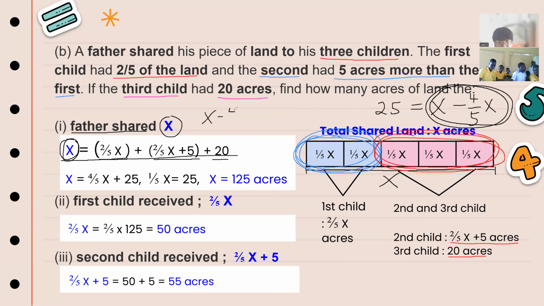So we have 1 over 5x is equal to 25. And what is x? Multiply by 5 on both sides. 25 times 5 is equal to 125. That's why we got x is equal to 125.